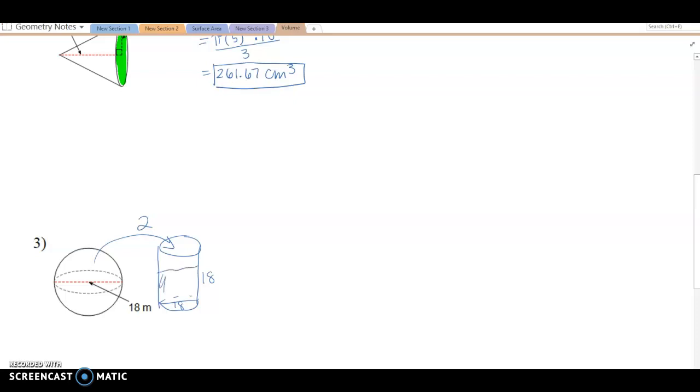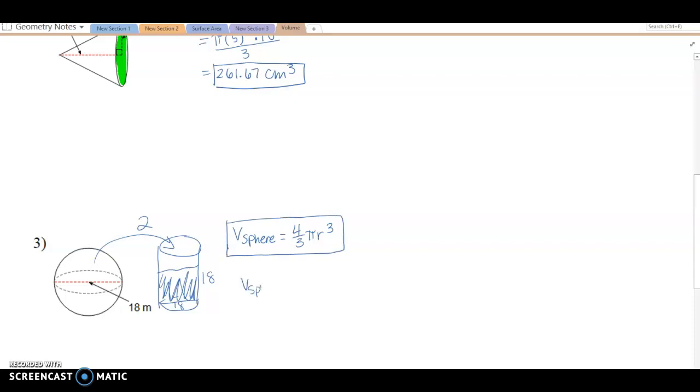So it kind of fills up this much of the cylinder. So the volume of the cylinder is pi r squared times the height. So the volume of this sphere is 2/3 of that. And since the height and the diameter are the same, it ends up being 4/3 pi r cubed. So jot this formula down in your notebook.